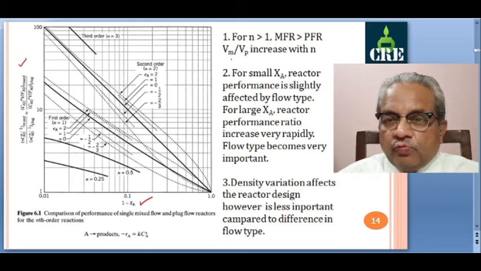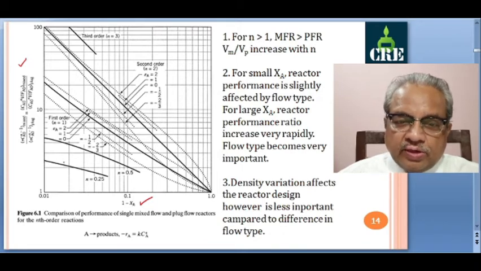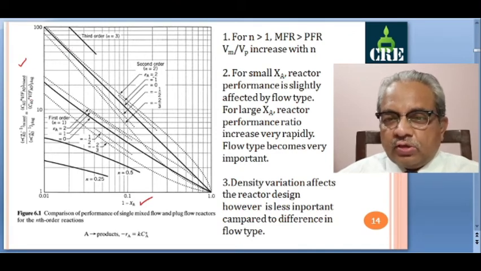So Vm by Vp increases with increasing n. When n is less, this slope is less. This ratio is nothing but the slope. As you increase the order, this goes on increasing, so Vm by Vp goes on increasing as the order changes.